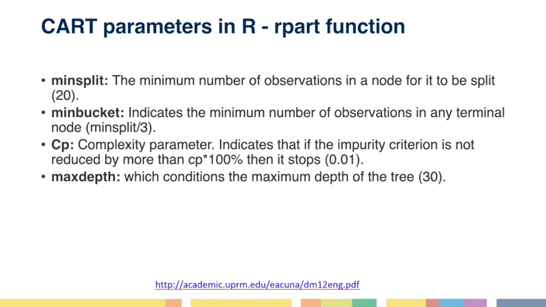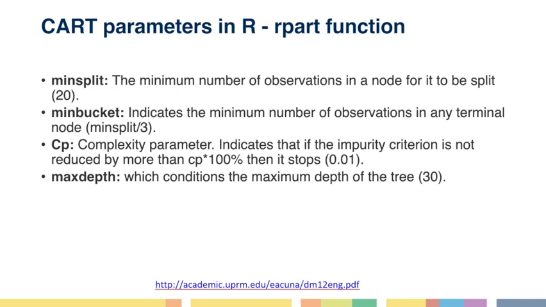Another parameter that can be used, and this is the most common one, is the CP. That's the complexity parameter, which assesses the impurity criterion when creating a new partition. That criterion could be the index for information gain, and by default it has a value of 0.01.